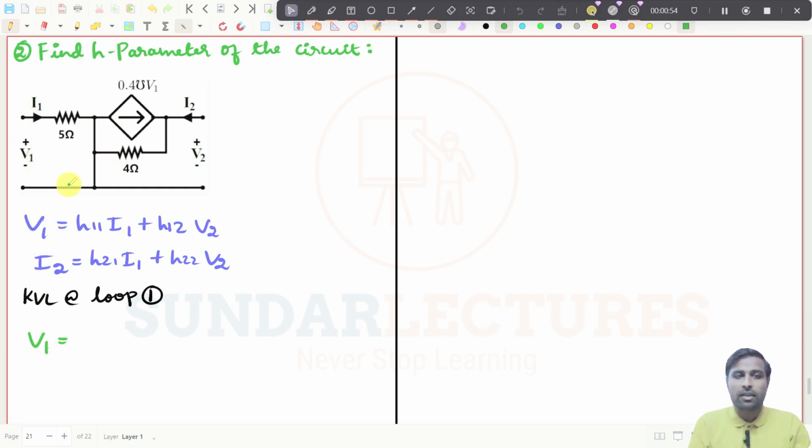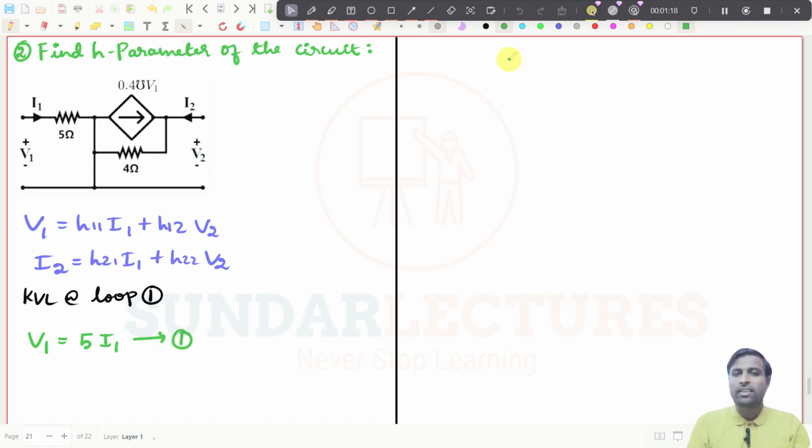So from minus, I'm just going in this way, there is nothing connected, and I'm coming here, the current is coming opposite to me, so it will be plus 5 I1. This is given. See, I1 5 ohms V1, and this is 4 ohms V2, I2 0.4 V1. Everything is already given. It is in the question, right? So now V1 I have written. That's all, right? This is expression number 1.